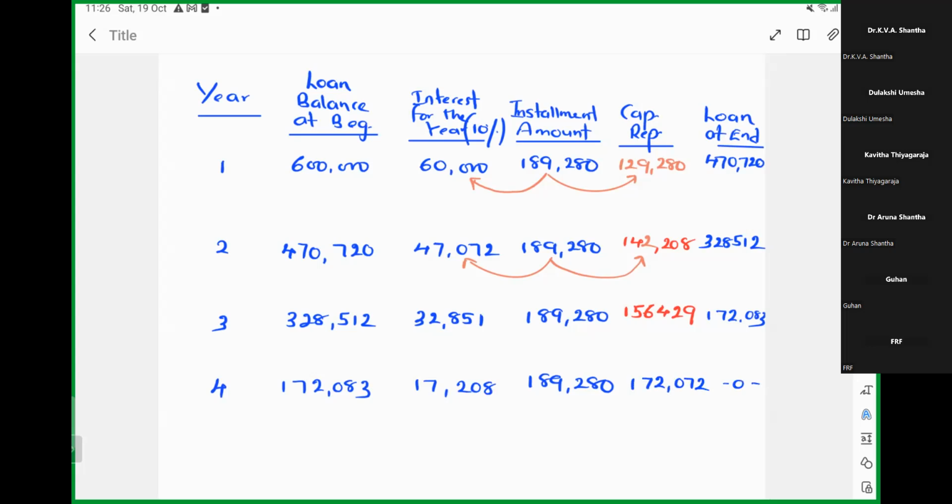So almost equal. So at the end of fourth year, loan balance almost zero.